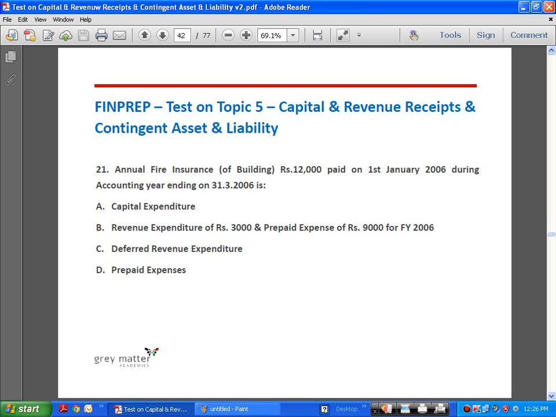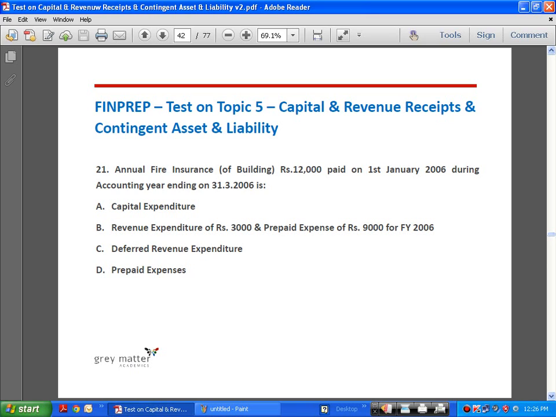Right. Annual fire insurance of building of rupees 12,000 paid on 1st Jan 2006 during accounting year ending on 31st March 2006. Okay, so here you've paid your insurance premium on 1st January 2006. The contract will run from 1st January 2006 to 31st December 2006, but your accounting year is ending on 31/3/2006.